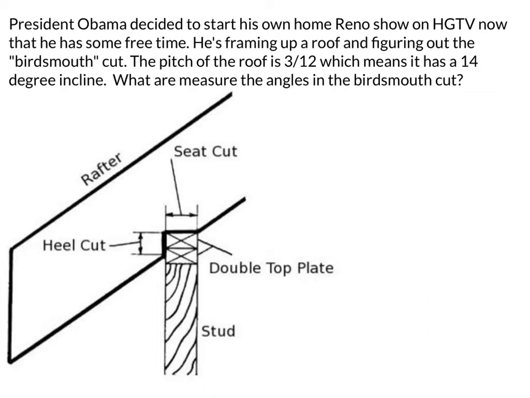Alright, so the bird's mouth, we're talking about this area right here, okay? So this cut particularly. You got your heel cut and your seat cut. Alright, so the roof pitch is 14 degrees, so it's going up at a 14-degree angle. What are the measures of the angles in the bird's mouth cut? Well, if you notice here, I'm going to do this in red, we've got ourselves a little triangle.